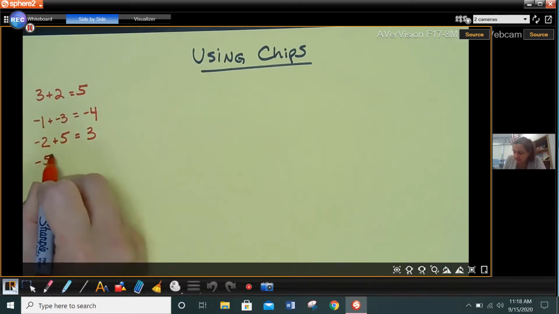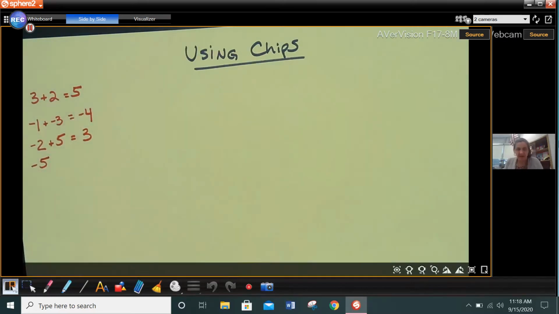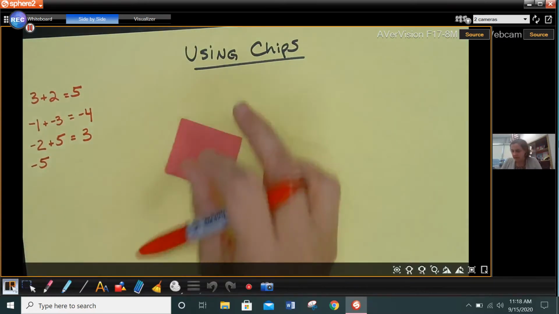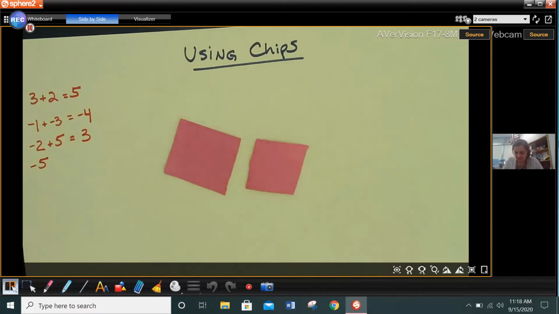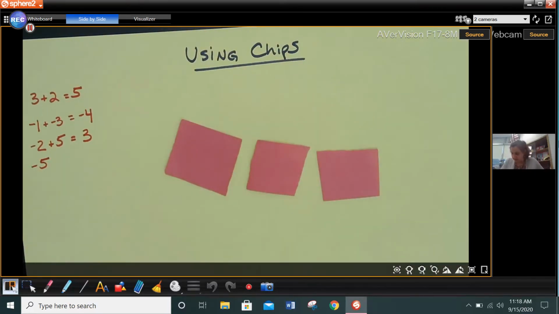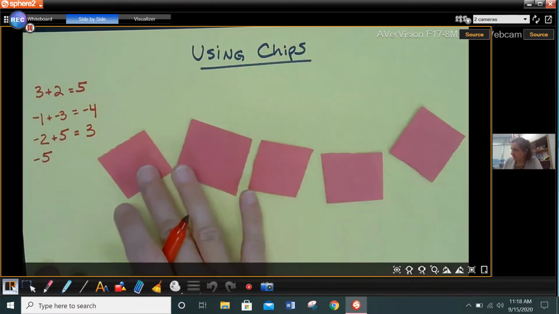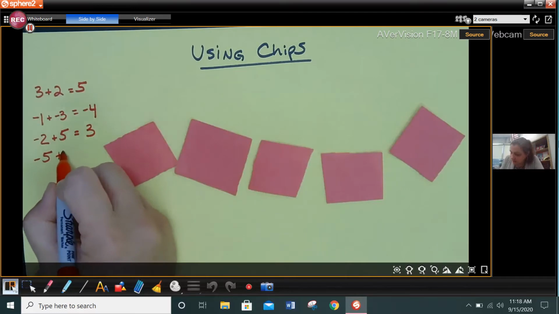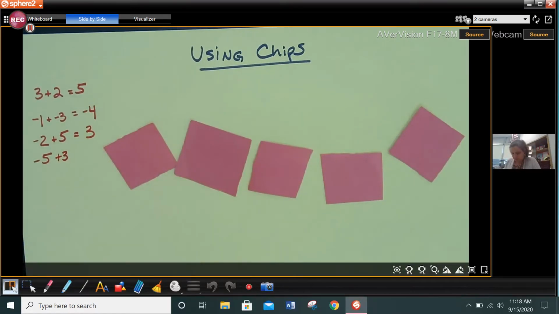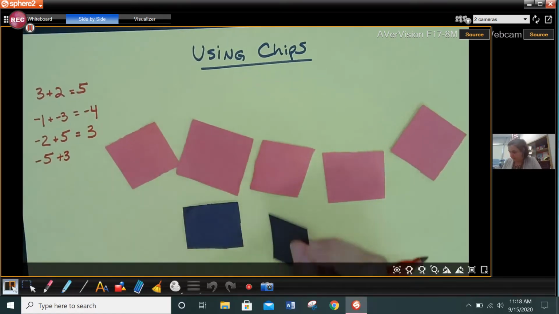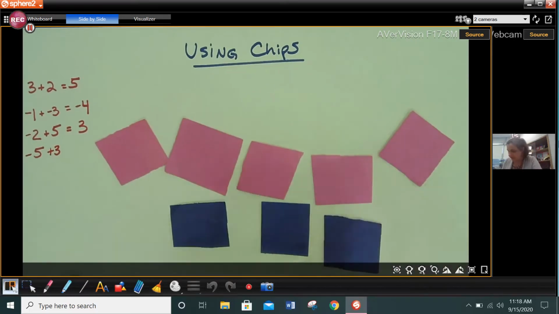Let's say I start with -$5. So think about how you would represent that on the board. I use 5 red chips. 1, 2, 3, 4, 5. So I have 5 red chips. I have -5. And I'm going to add $3 to that. My uncle gave me $3. So here's my $3 that my uncle gave me.